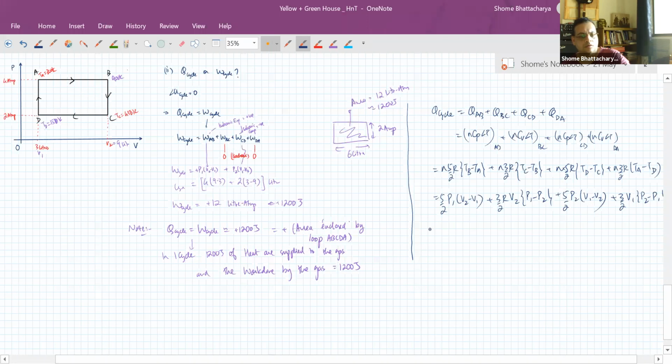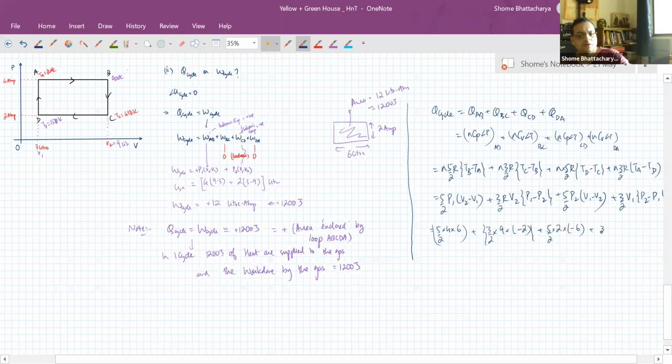Okay. So 5/2 into 4 into a volume increase of 6, plus 3/2 into 9 liters, but into a pressure difference of minus 2 atmospheres, plus 5/2 into a pressure into volume difference, which is now minus 6 liters.